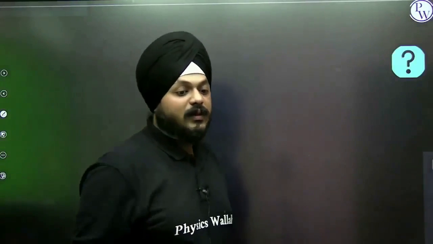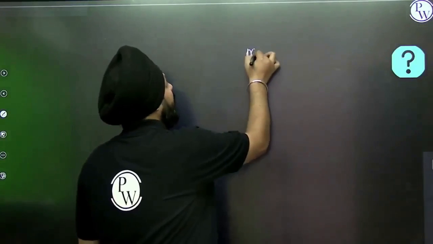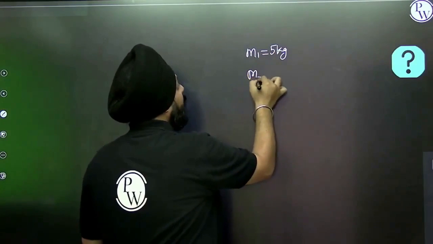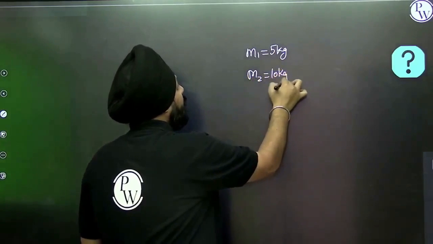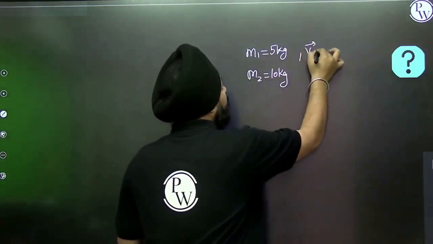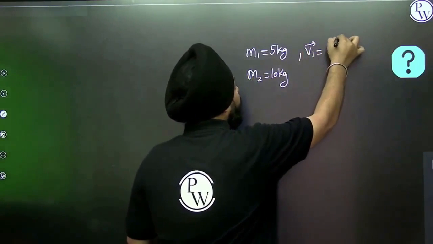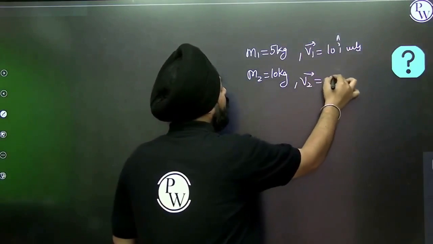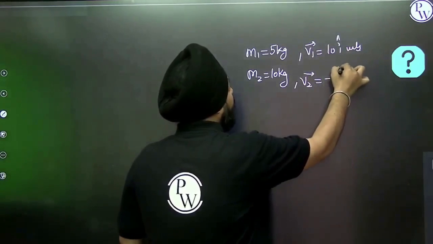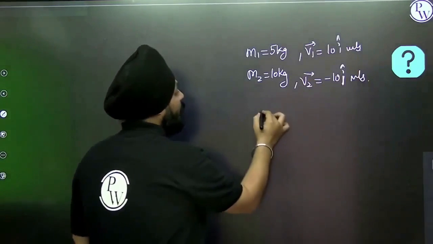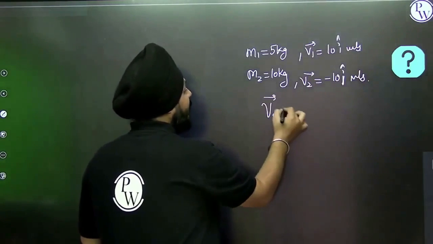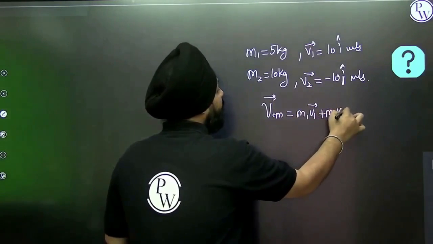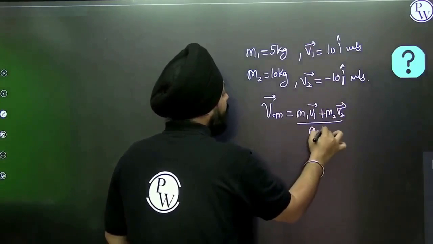Some sums. Very simple: m1 is 5 kg, m2 is 10 kg. v1 is 10 i meter per second, and v2 is negative 10 i meter per second. What will be the velocity of the center of mass? This is a direct formula based question: m1 v1 plus m2 v2 vectors, whole divided by m1 plus m2.